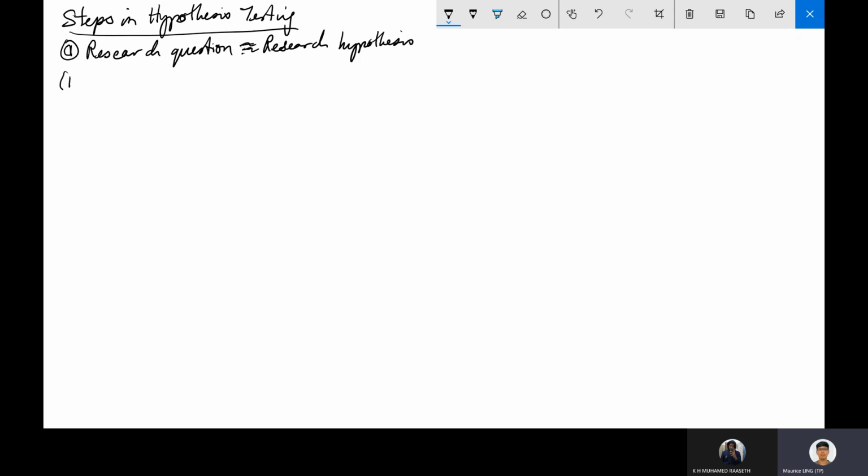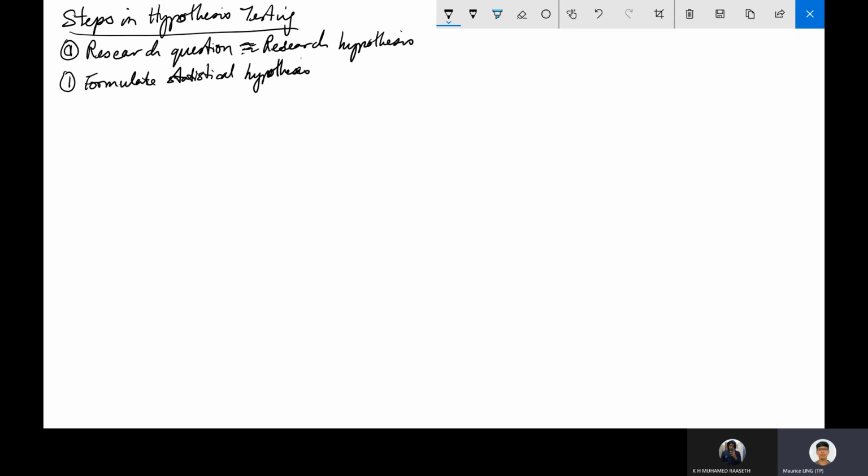So step 1, you need to formulate your statistical hypothesis. Now every time you have a statistical hypothesis, it comes in pairs.